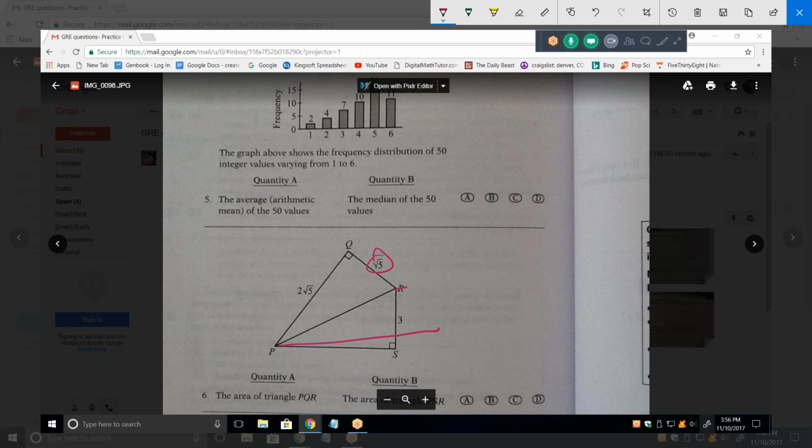It's got to be a right angle. And now it's not so clear which is bigger. Is this pink triangle bigger or is the bottom triangle bigger? And I don't know that I can necessarily tell.